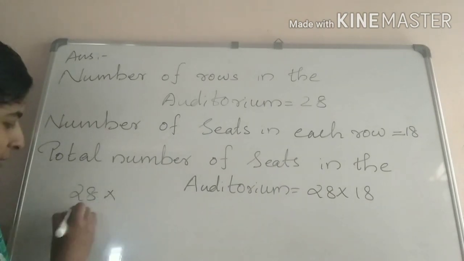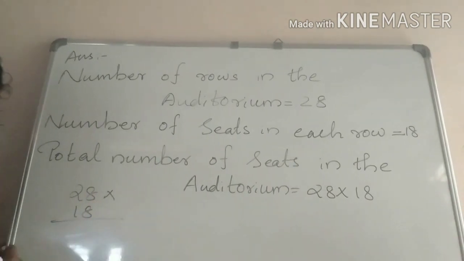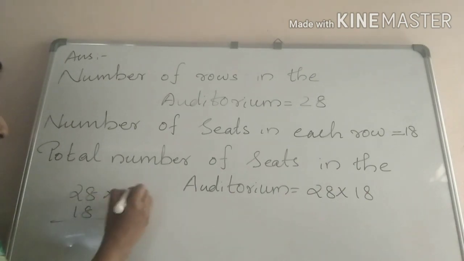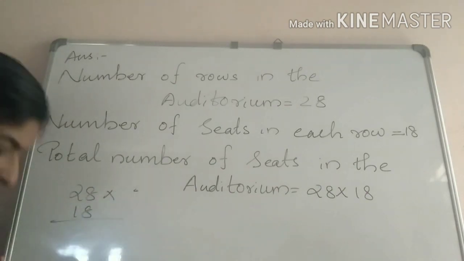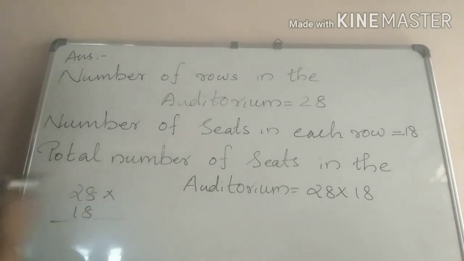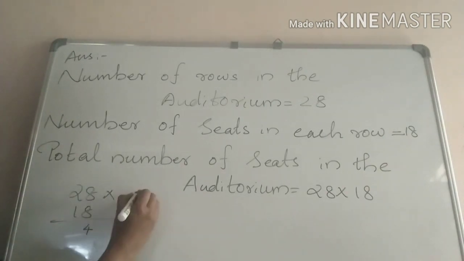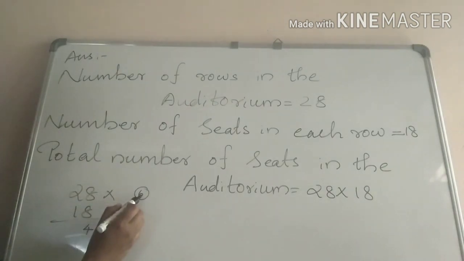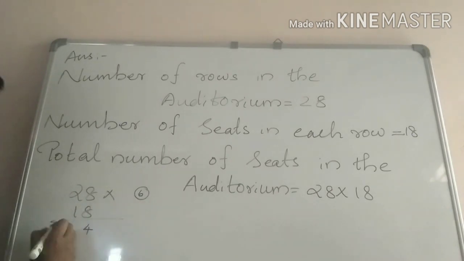28 into 18. How to multiply? See, 8 8s are 64. 4 is here. 6 is balance. Then 8 2s are 16. 16 plus this balance 6, 22.